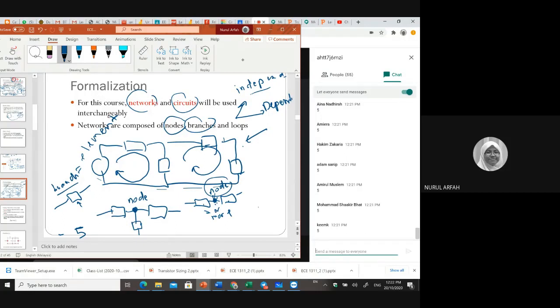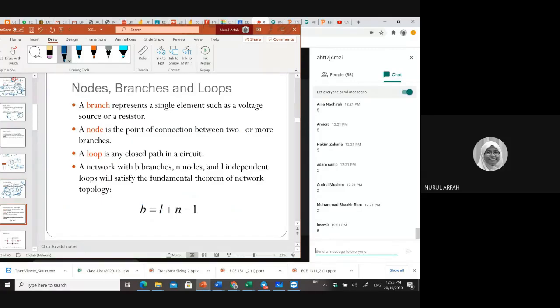Independent loops are this one, loop 1, loop 2. A dependent loop depends on other loops. So you have another this. You can have these big loops because it's a closed loop, but it depends on these 2 loops, right? So it's a dependent loop. For this equation, this one is the dependent loop.